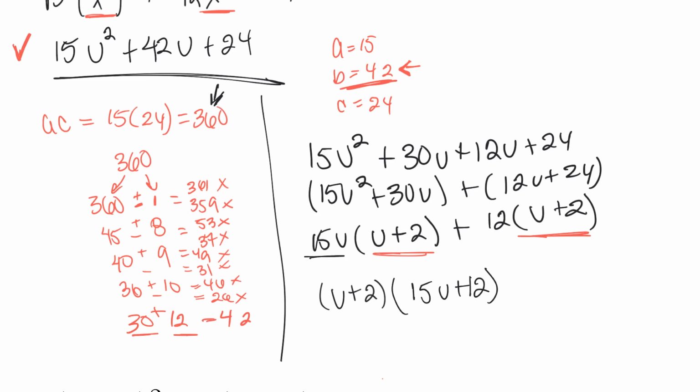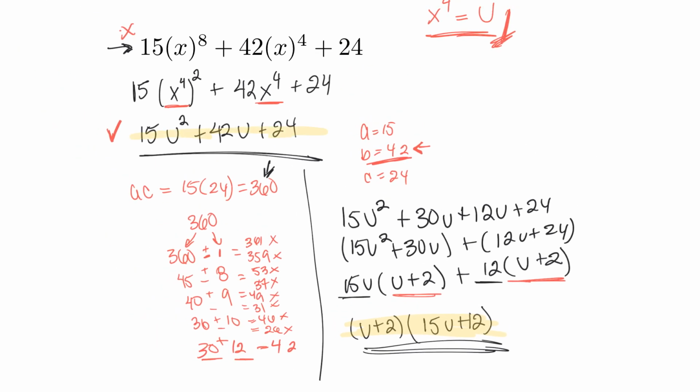Okay, so this one plus this one. And this is the factorization of our simplified polynomial right here. But remember that we have to give an answer to the original polynomial, right?